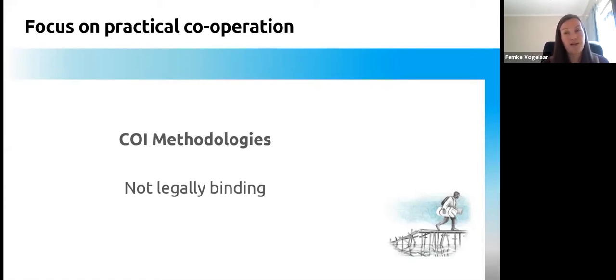With regard to the EASO COI report methodology, the use of the methodology is only binding for EASO COI reports. While the EASO COI report methodology, first of all, intends to support the development of EU-level COI, EU countries are encouraged to apply this methodology to the national COI products.